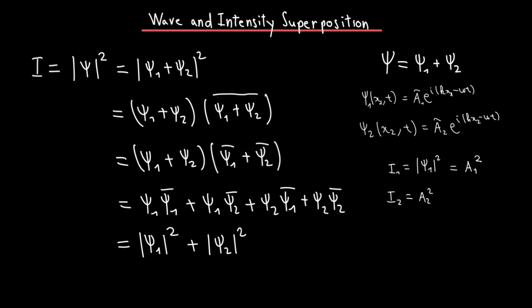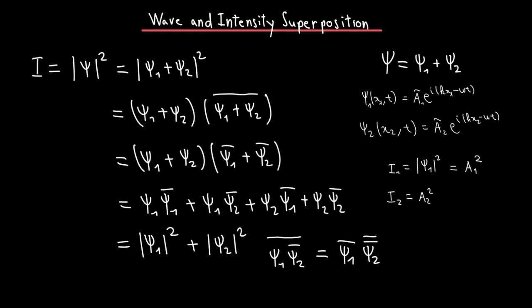What is the conjugate of psi1 times psi2 bar? So I'm using the bar notation, and we want to know the conjugate of this product over here. Well, the conjugate of the product is the product of the conjugates. So the conjugate of this product is just the conjugate of psi1, so psi1 bar, times the conjugate of psi2 bar.